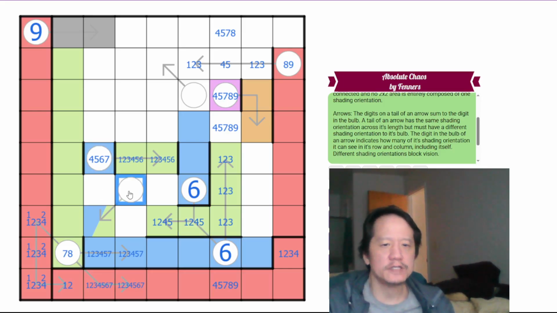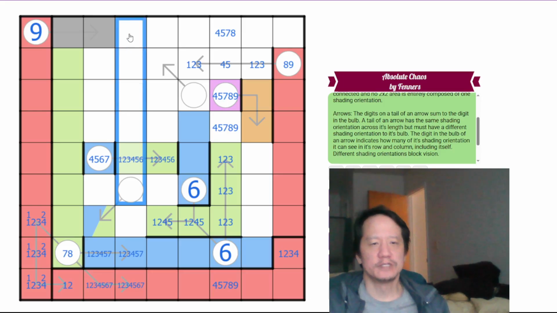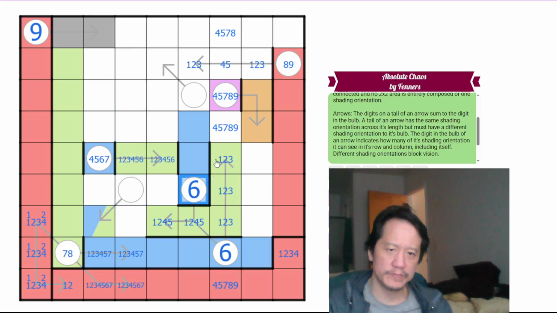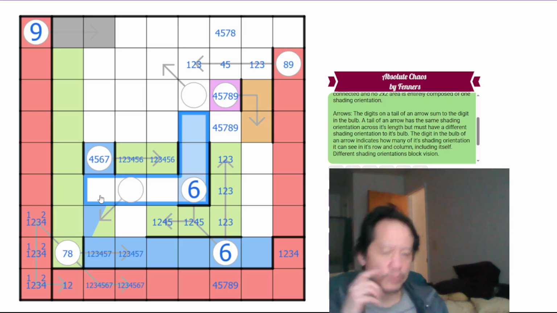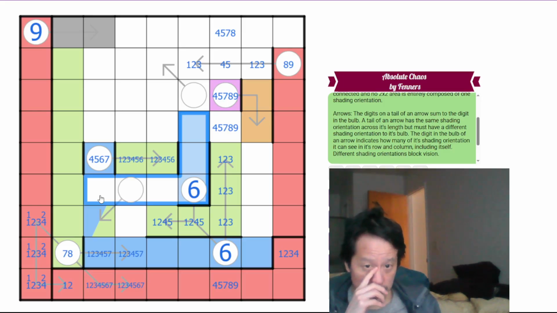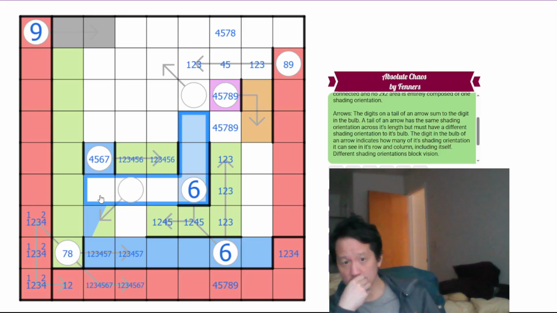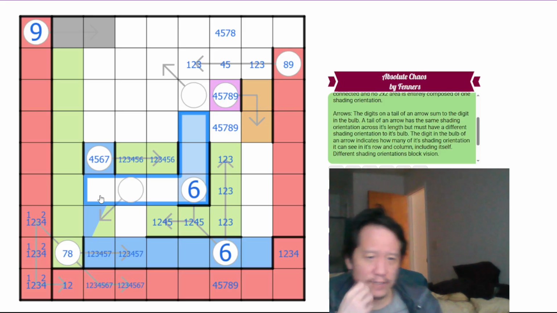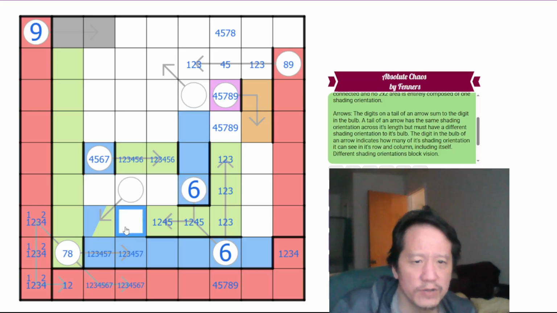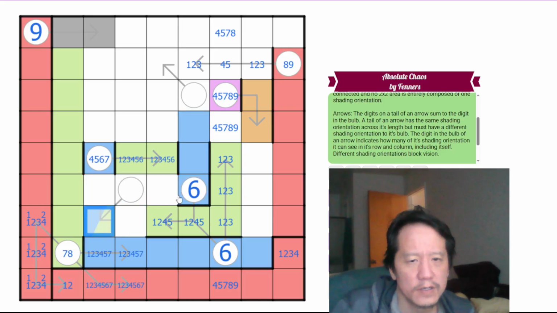Otherwise, green is much less limited. Can this be the full blue here only? And the answer there, I guess it could be. This could be green and green. This would be 6.